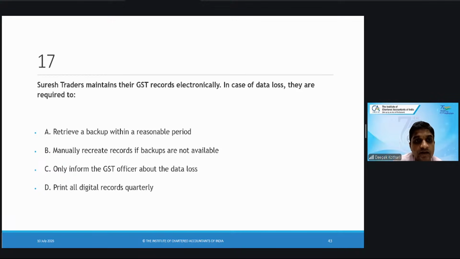Yep. Answer is C. Correct. Retrieve a backup within a reasonable time. Very good. Good, good, good.